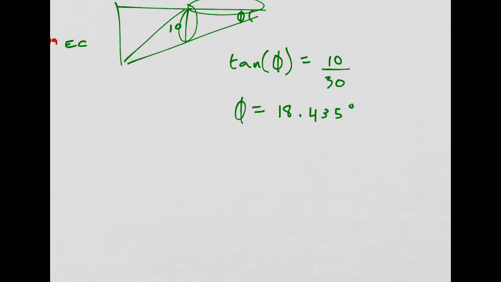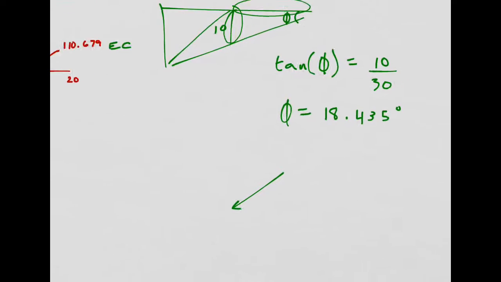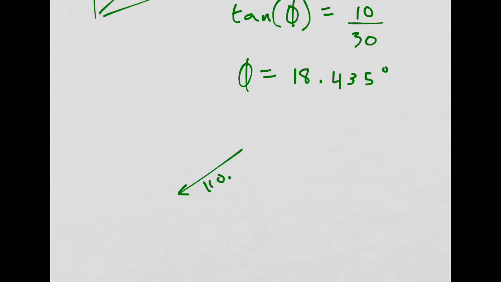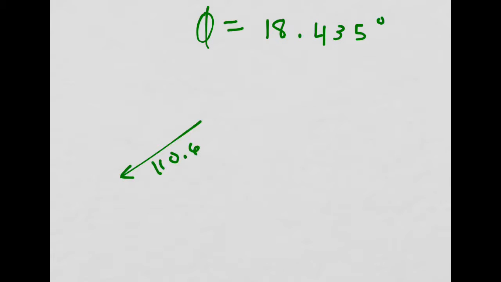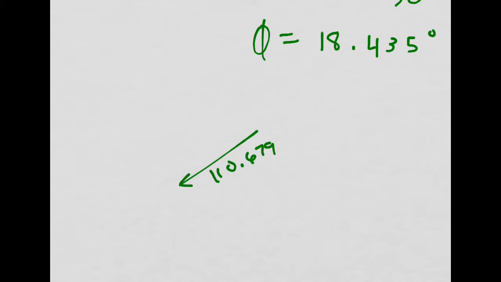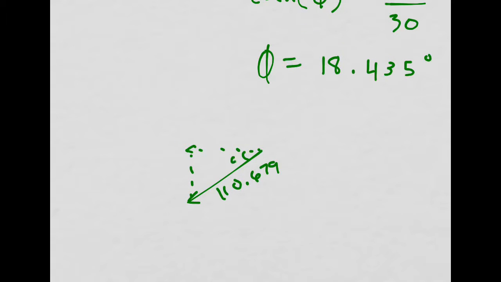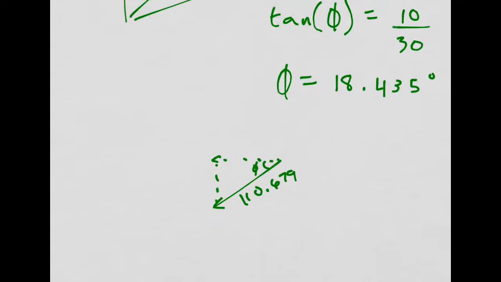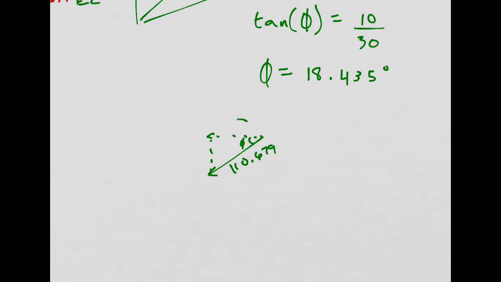Remember, my overall goal was to find the x component of EC, so I'll use that. Now I have regular EC, which was 110.679. Its x component I can figure out just by using the phi, that angle. So that's the adjacent and the hypotenuse. So I use cosine.